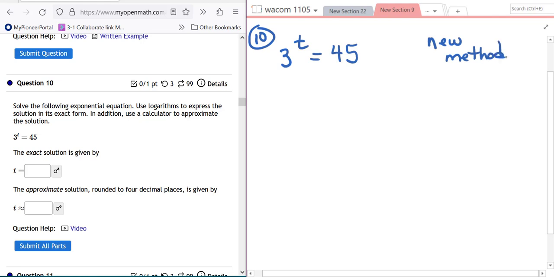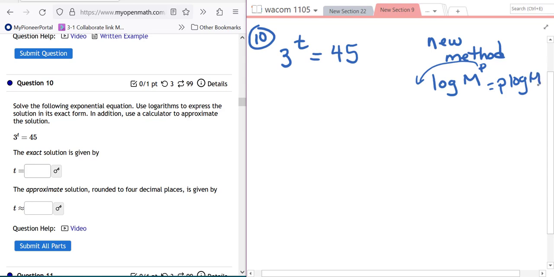And if you remember back to your logarithm properties that we did for 5.3, we had one that if we're taking the log of m and it's to a power, then the power will come down. And so that's what we're going to use.